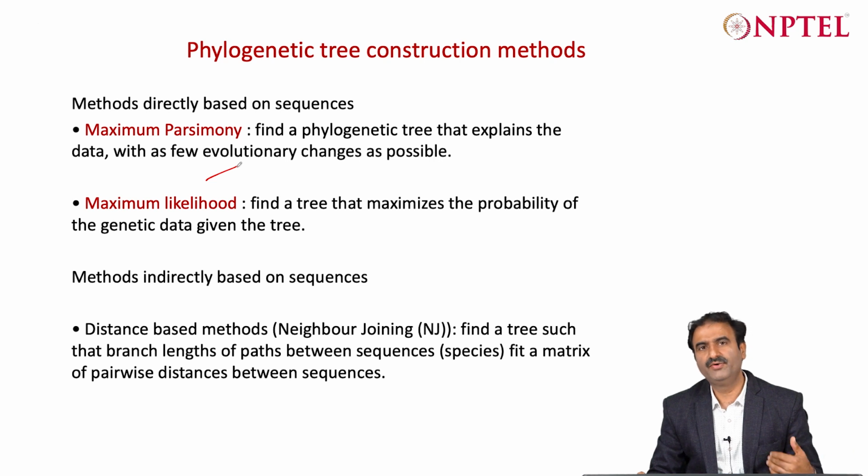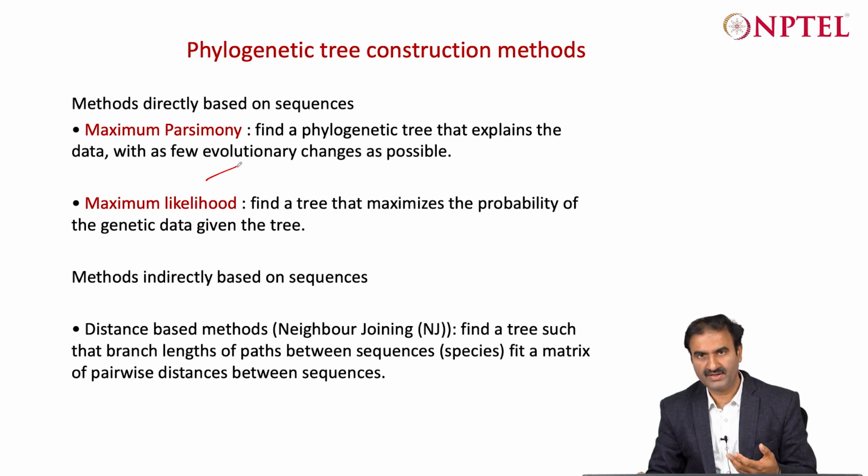Whereas maximum likelihood will calculate the log odds ratio for each and every position and calculate the probability at each, so it will be considering each and every character in the alignment, and that is why it will be slower but more accurate.